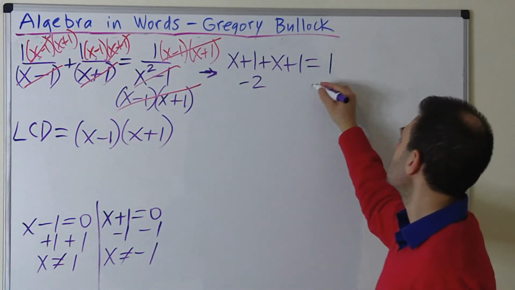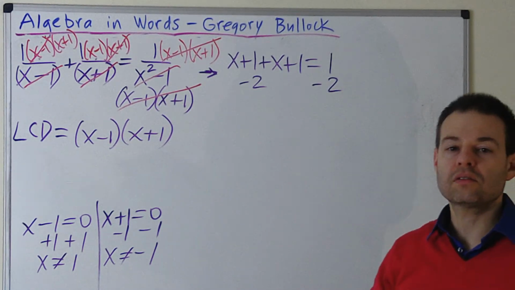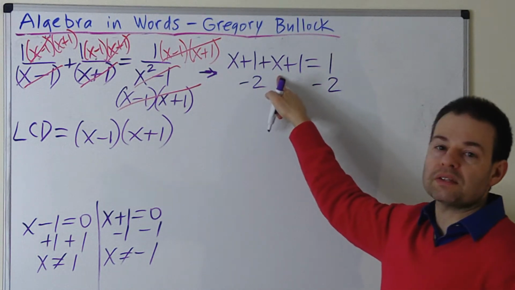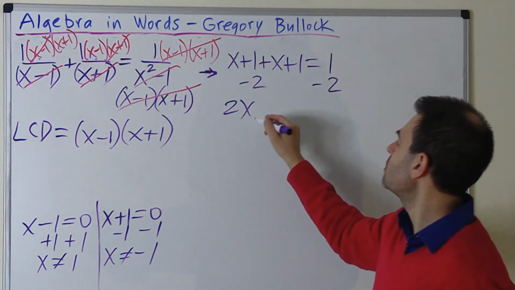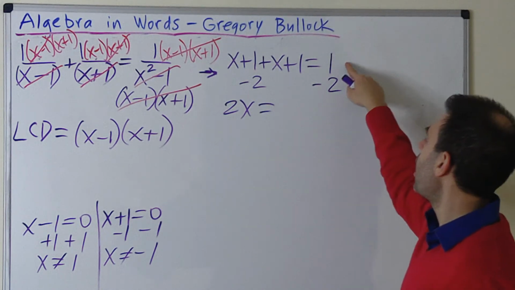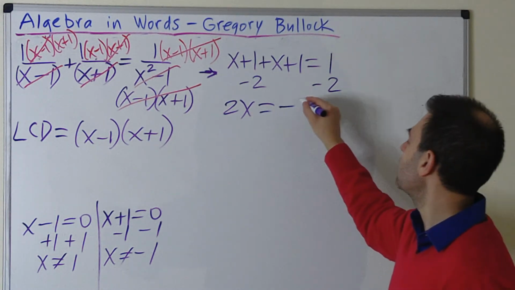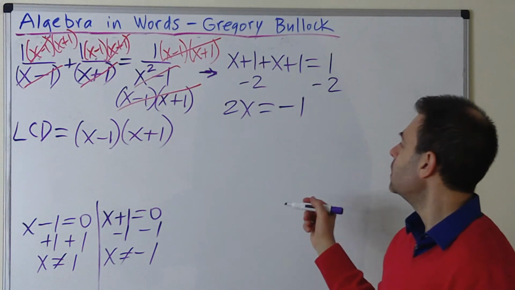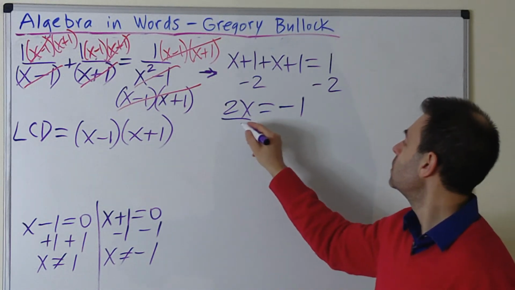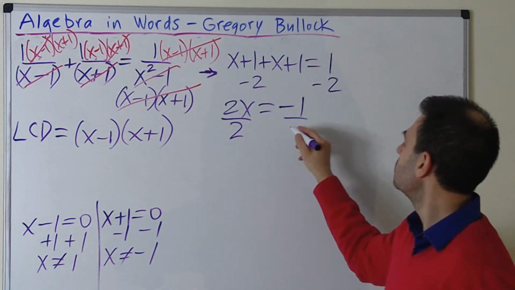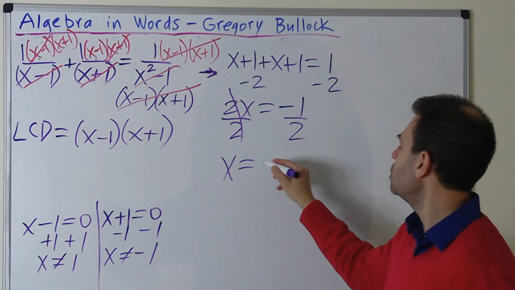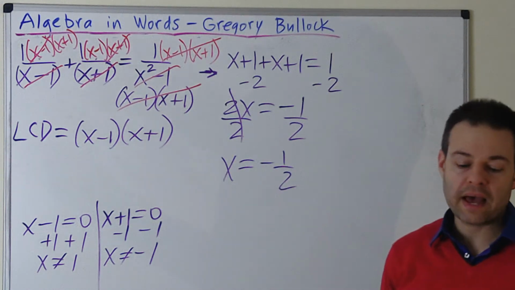That's going to move all the 1's to the right as minus 2, and on the left, x plus x becomes 2x. So we have 2x on the left, 1 minus 2 is negative 1. Now let's divide both sides by the coefficient 2. And these cancel out, and we're left with x is equal to negative 1/2.